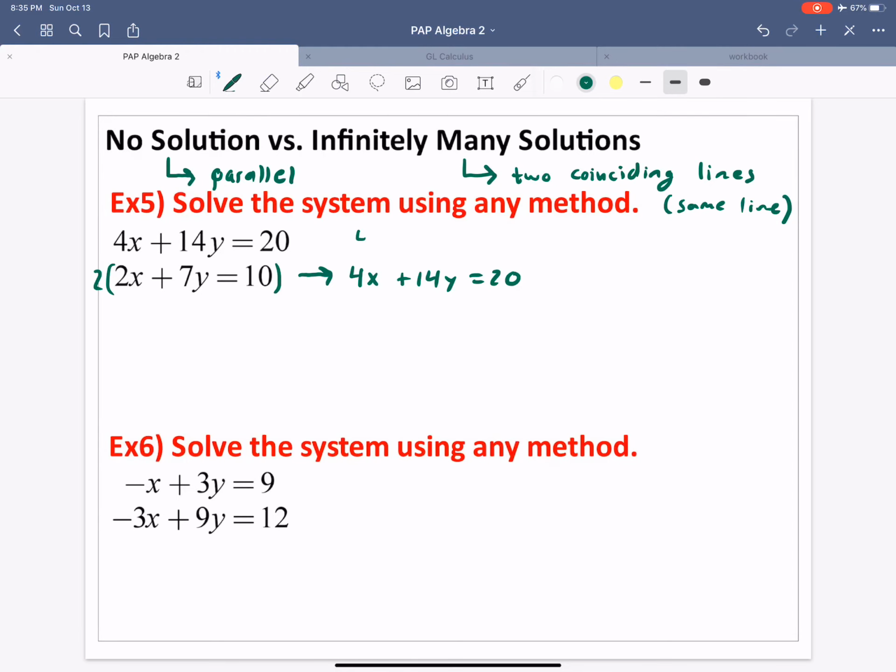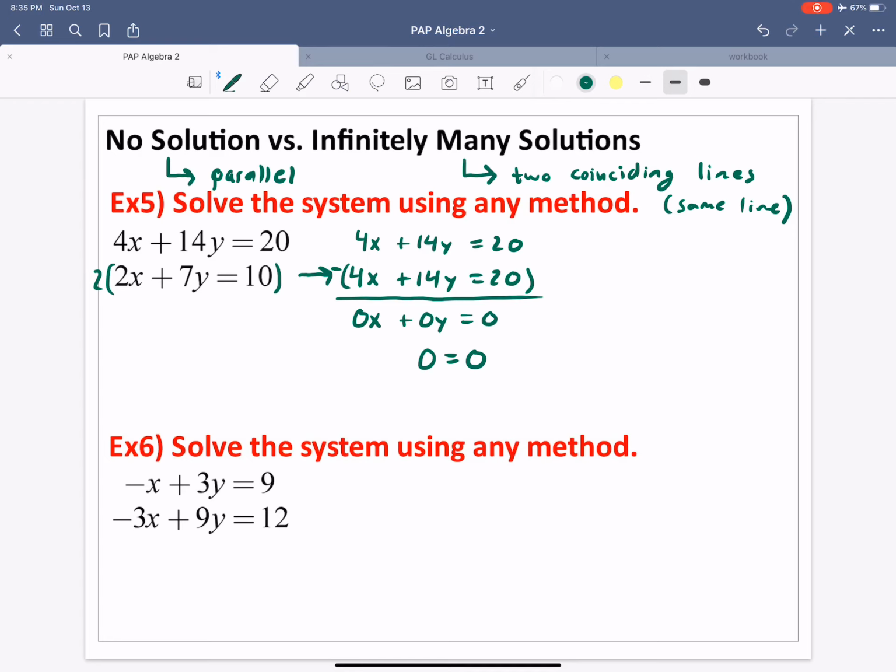Boy, that looks familiar because it's the exact same thing as the first equation. So again, if I do elimination, I look to see the coefficients are the same sign, so I'm going to subtract each column. 4x minus 4x is 0x. Plus 0y equals 0. Well, that's convenient. We end up getting 0 equals 0.